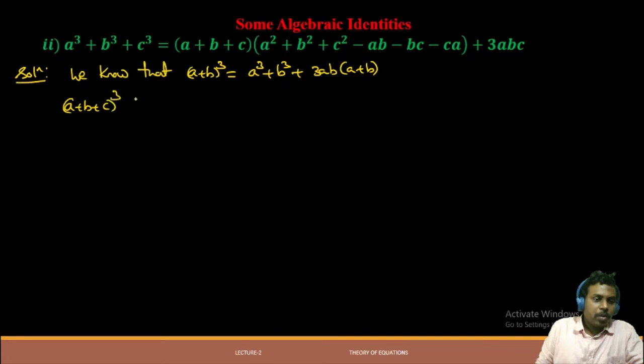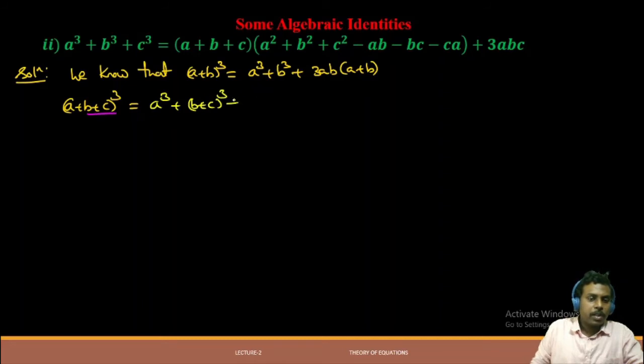to a plus b plus c. Now we consider these two terms as one term and this is another term. So this is equal to a cube plus b plus c whole cube plus 3 into a into b plus c into a plus b plus c.